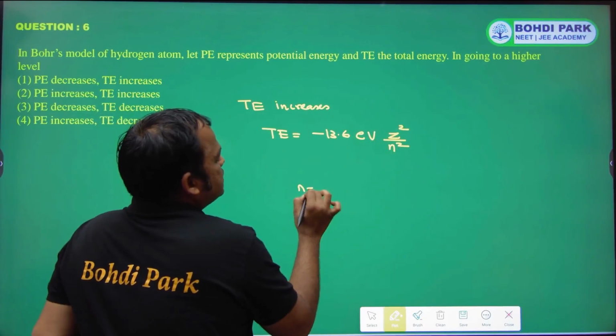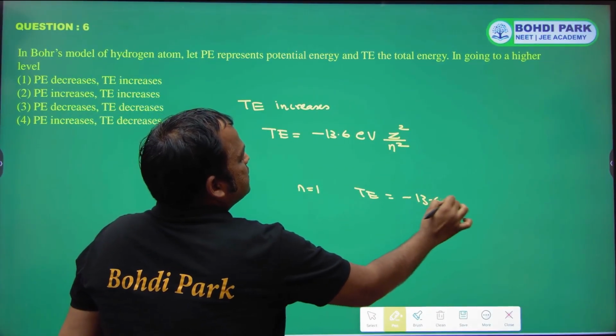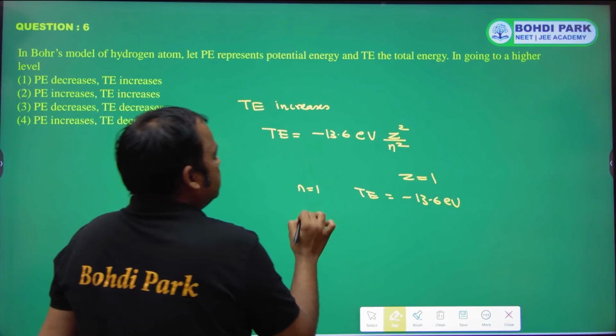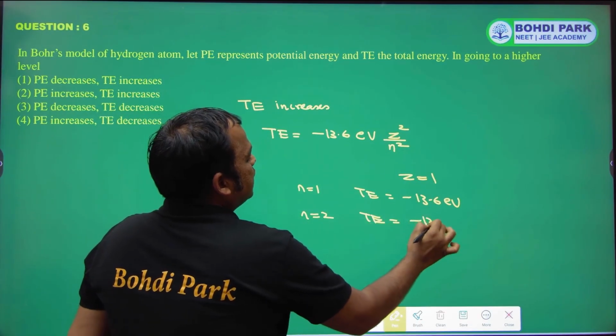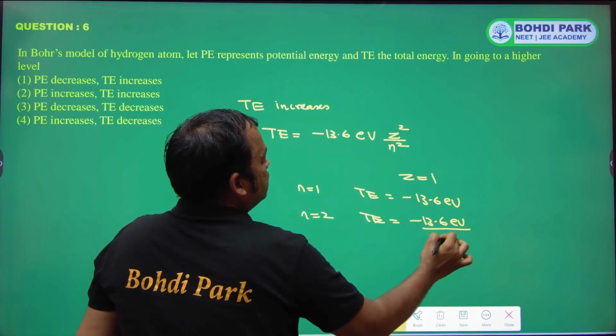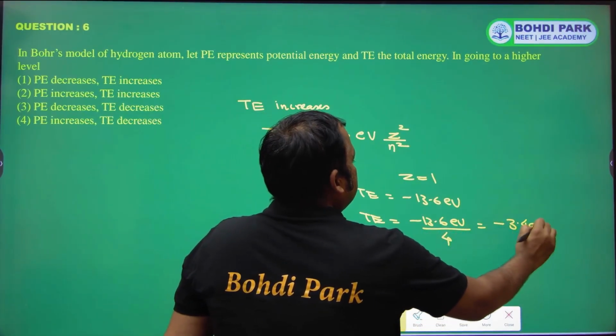So suppose if you consider n is equal to 1, so total energy is equal to minus 13.6 electron volt for Z is equal to 1. If you go to n is equal to 2, so total energy is minus 13.6 electron volt by 2 square, which is 4. So that will be equal to minus 3.4 electron volt.